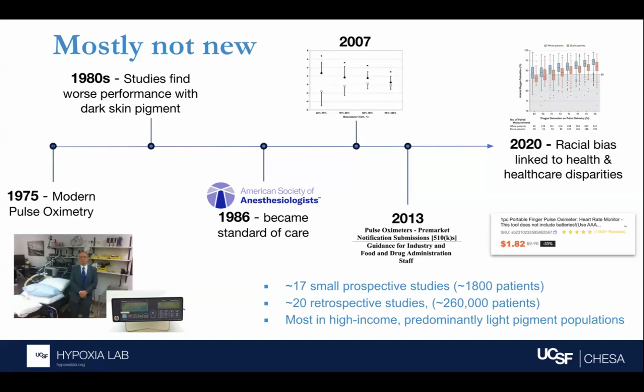And then in 2020, as Mike pointed out, this landmark paper for the first time linked these performance differences that were being seen for decades with health and healthcare disparities. And this sounded the alarm bells during COVID.